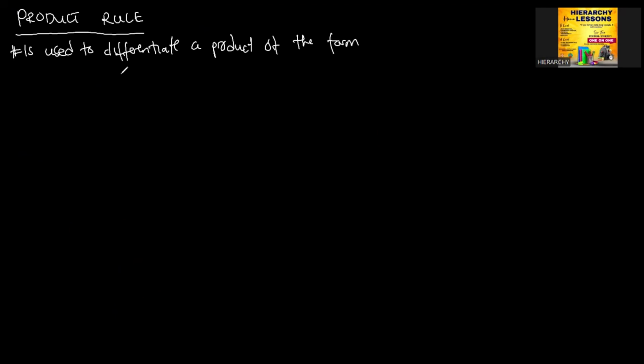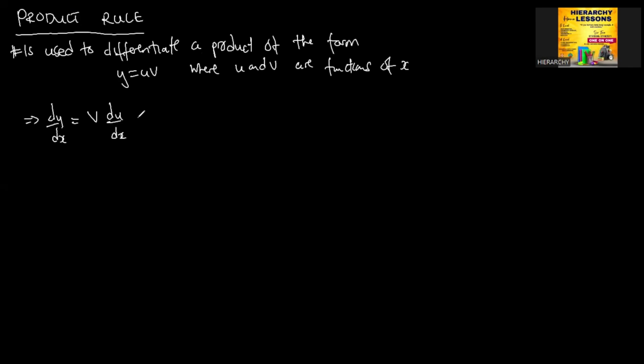So if we have a product of the form y is equal to uv, so these are two functions, u is a function and v is a function, where u and v are functions of x, meaning dy/dx is given by v du/dx plus u dv/dx.